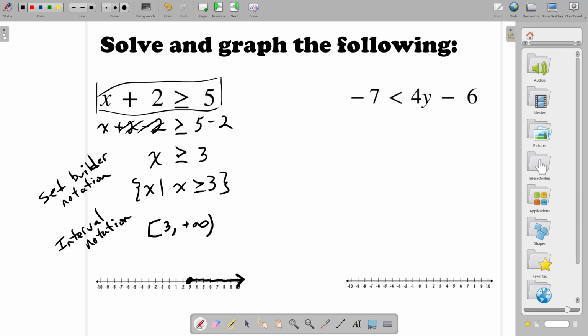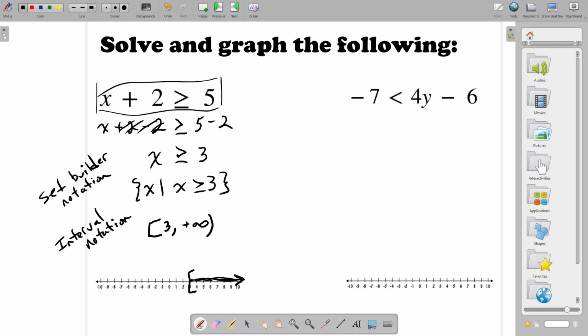So this is what interval notation looks like. You may also see the inequality graphed in this fashion, where they put a bracket to include 3 and then graph everything to the right.